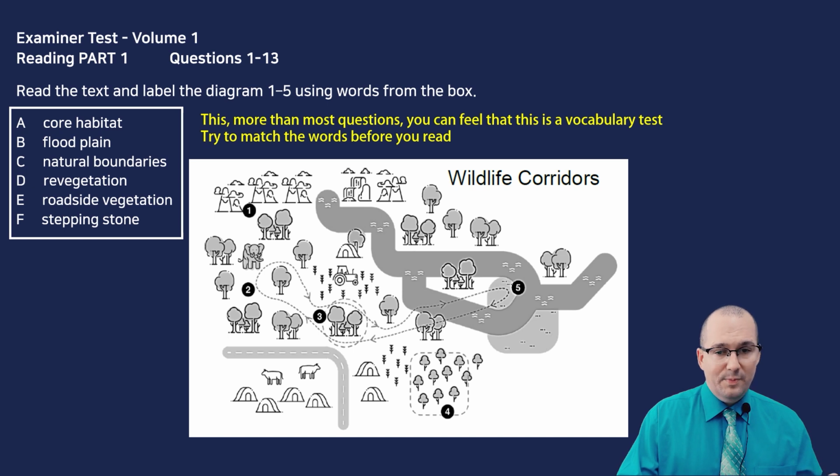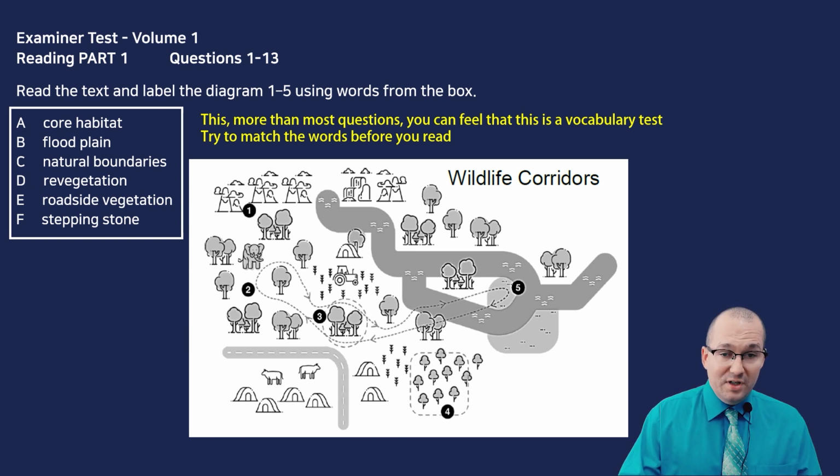Flood, in question B, again, if you know what the word flood is, you have a great advantage of being able to catch the answer in the text. Natural boundaries, again, if you know what that means, that's a great hint. Vegetation, a little hint similar to vegetables.